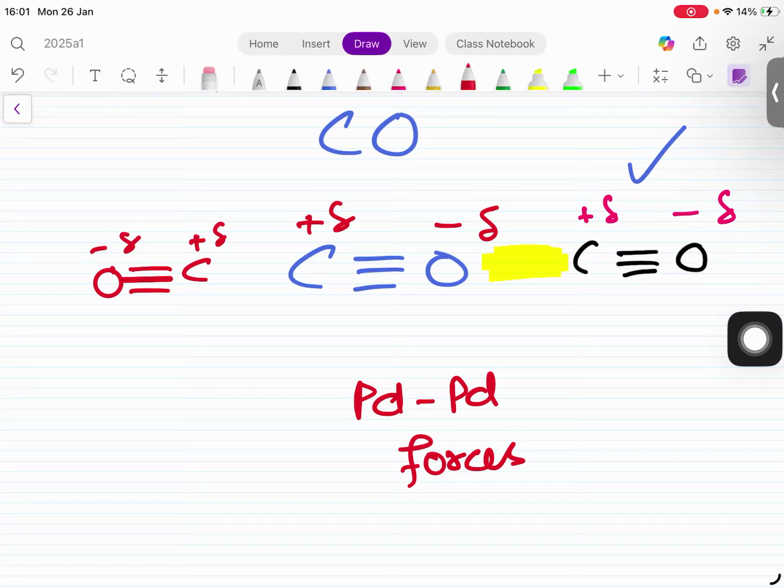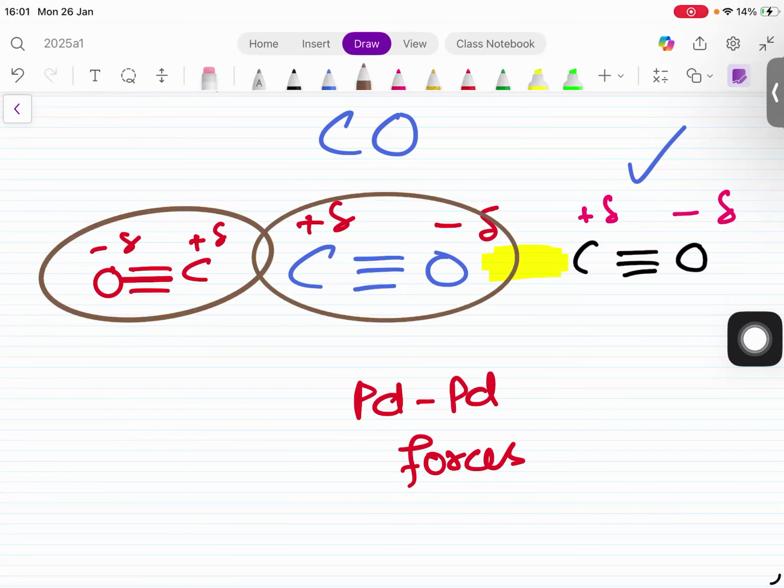If two carbon monoxide molecules are close to each other like this, are they going to attract or repel? In this case, when they repel, temporary dipoles are induced here. So when temporary dipoles are induced, the force that develops is what?